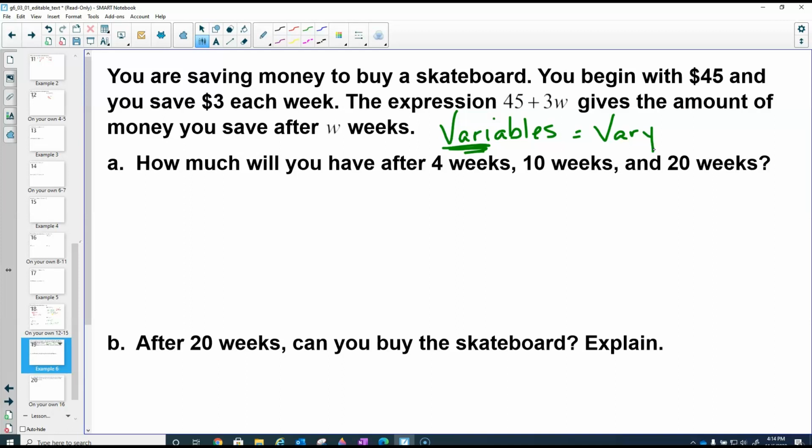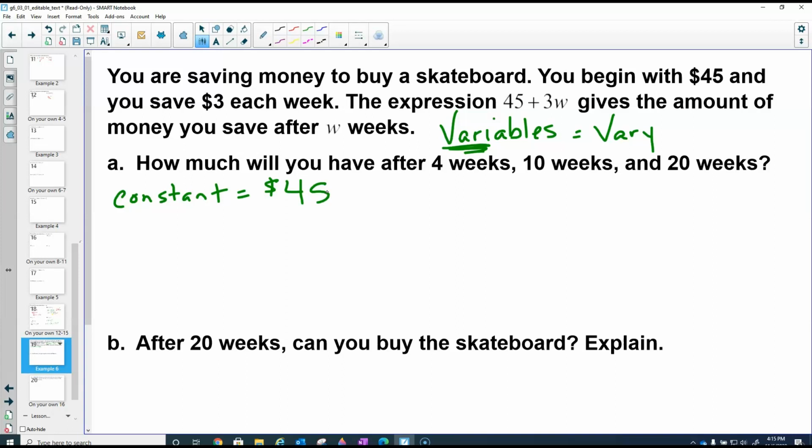So I'm saving money to buy a skateboard. I start with $45. So 45 is my base. In other words, that's my constant. The thing I start with, that's my constant, is $45. Now, I save $3 each week.